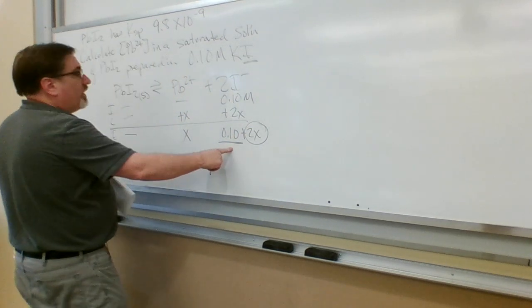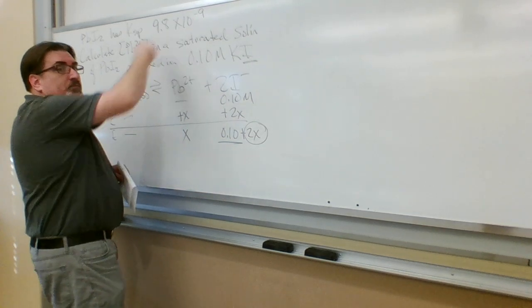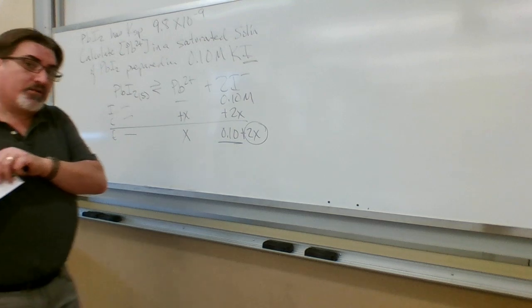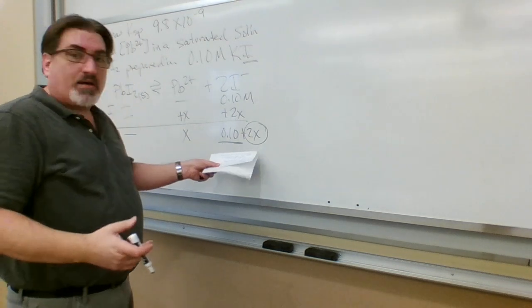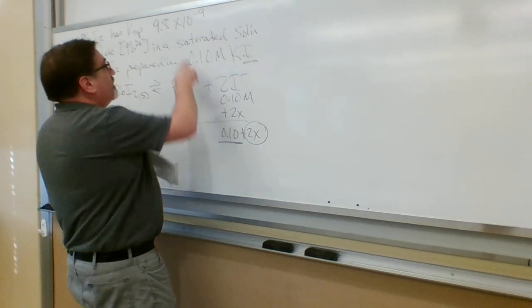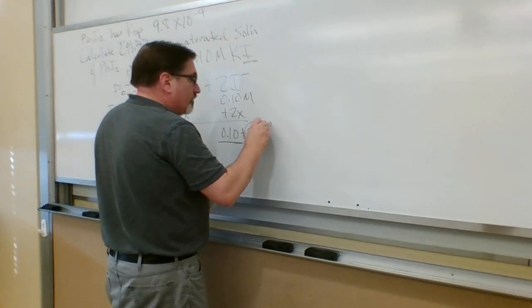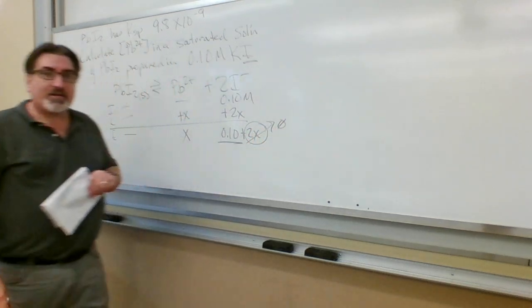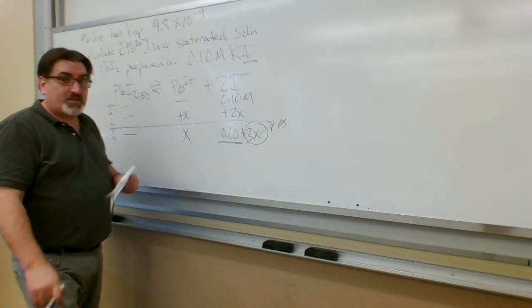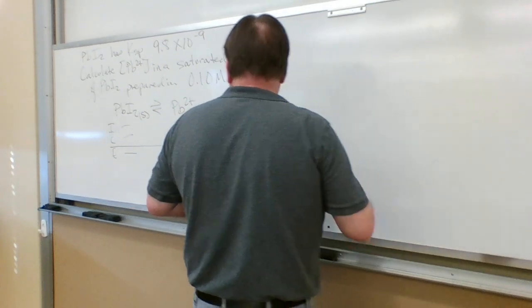The 0.1 is much, much larger than Ksp. So when that was the case back in the regular equilibrium chapter, we could drop that 2x. Same thing happens here. Because 0.1 is much, much larger, our factor of 100 difference, remember that we went with? We can drop that 2x, which simplifies everything, just like it did back then. It just didn't look like it was going to simplify it when we were plugging them in.